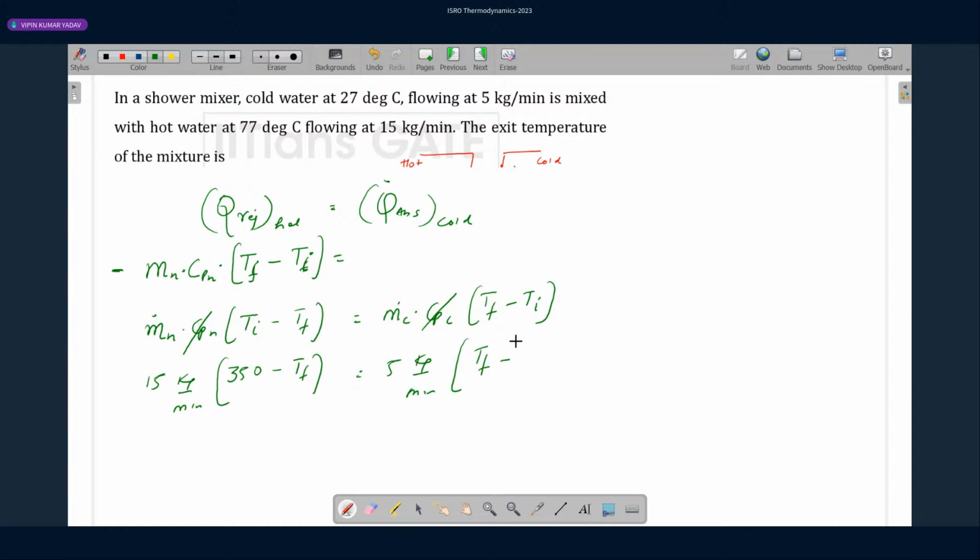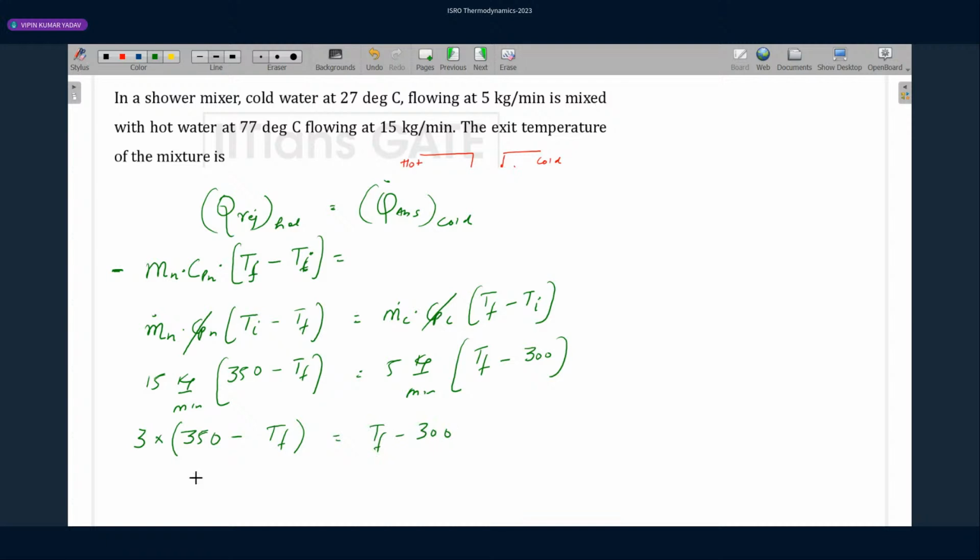T initial for cold is 300. So I can write 15 times (350 minus TF) is equal to 5 times (TF minus 300), that is, 350 minus TF into 3 is equal to TF minus 300.